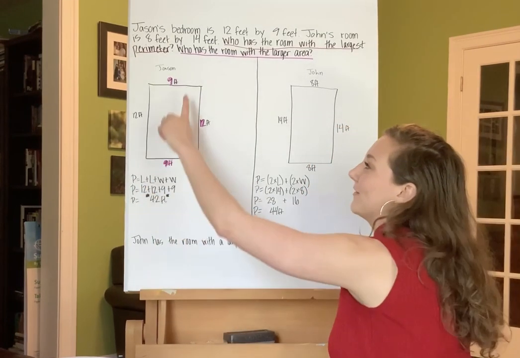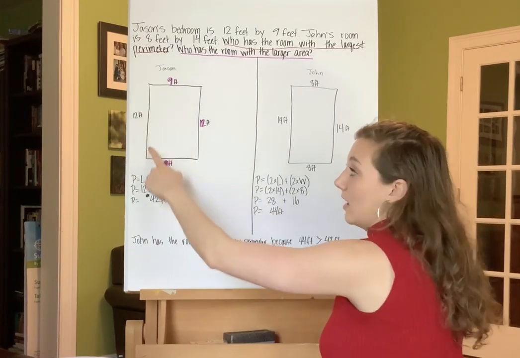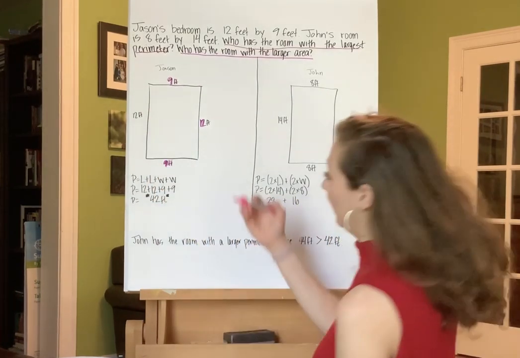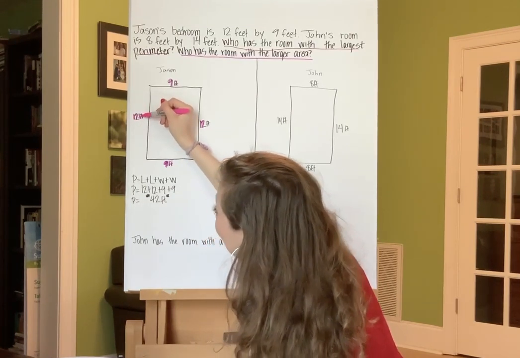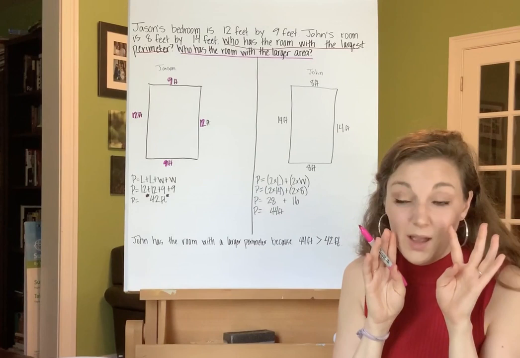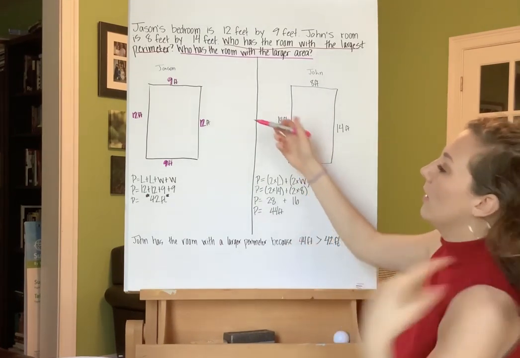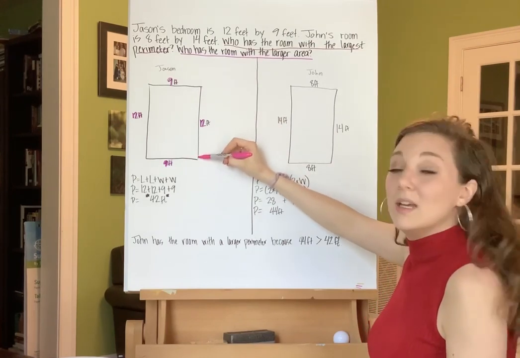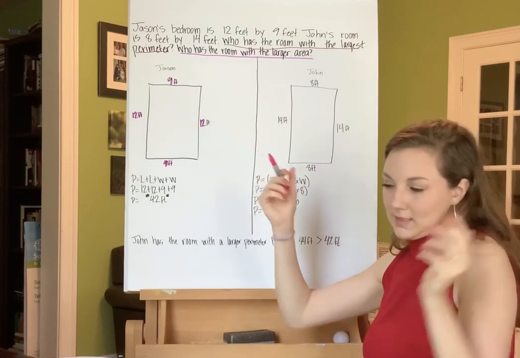And if the length is 12 feet, this side is also going to be 12 feet, right? And remember we had said length is kind of the same thing as height. Length and height are the same thing. So if my height here is 12 feet, my length is also 12 feet. Those kind of go hand in hand.